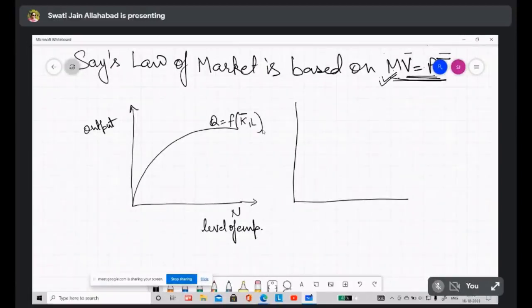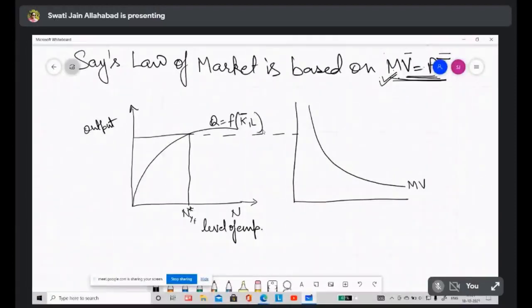Suppose you take this level of output. So you decide the full employment level, N star, that is YF. Okay, now this output level is taken here and MV is given. Okay, this is MV.